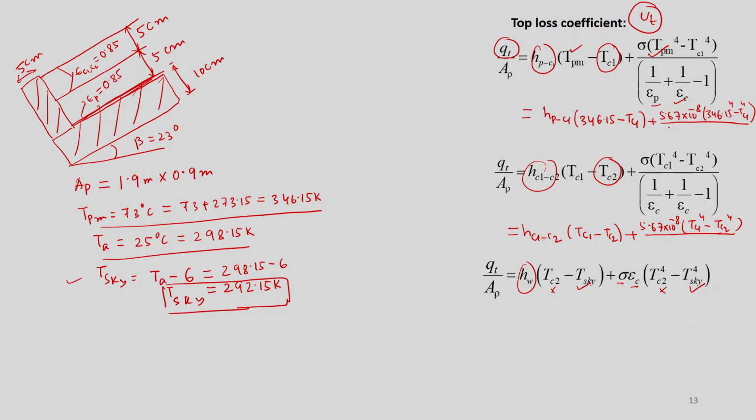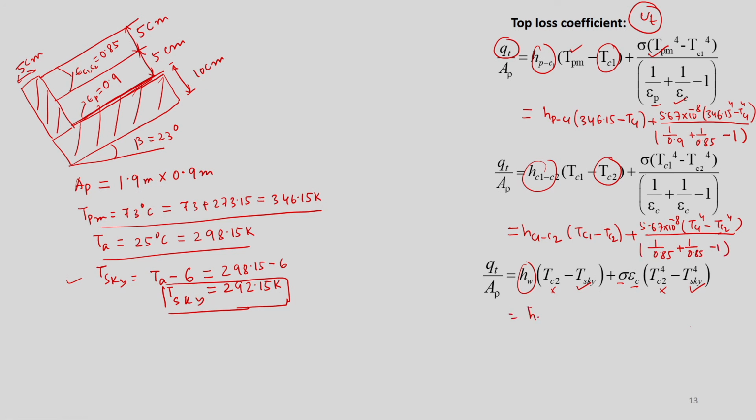Okay. So, 1 by here is for plate it is 0.85, and then for glass it is, let me check, yeah, for plate it is 0.9. So, this for plate it is 0.9, this is 0.9, and this is 0.85. This is minus 1. So, here we have 0.85, then plus 1 by 0.85 minus 1.